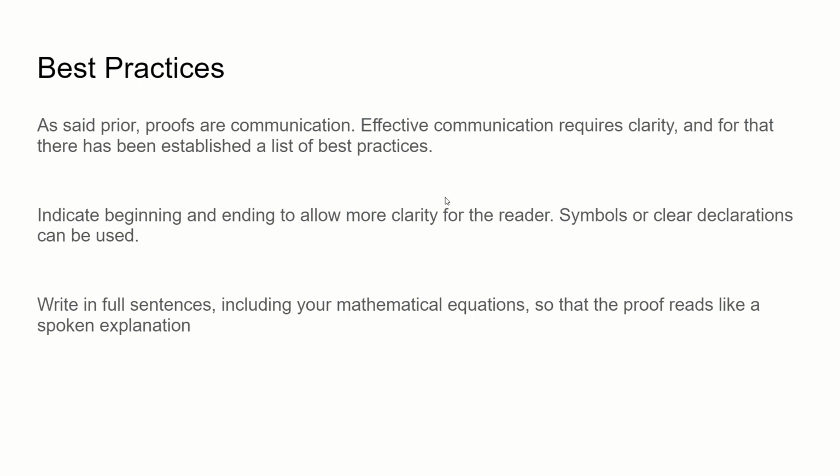So as said, proofs are communication. Effective communication requires clarity, and for that, there's been established a list of best practices. So the general rules, maybe not rules, but how people like to set up their proofs, right? So a clearly laid out beginning and ending, obviously, for any type of communication, you want something like that.